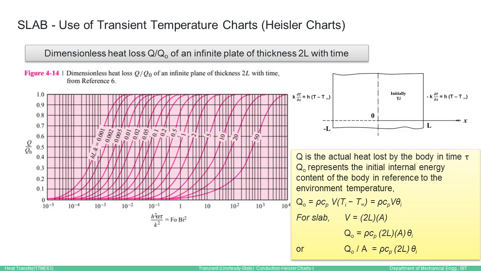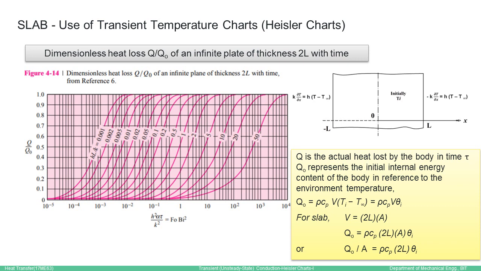And then you can find T, which is a function of the center temperature. Dimensionless heat loss Q by Q naught for an infinite plate of thickness 2L with time is another chart that will be used to find the actual heat loss by the body in time tau. So Q by Q naught gives you the dimensionless heat loss during the process after a given time t.